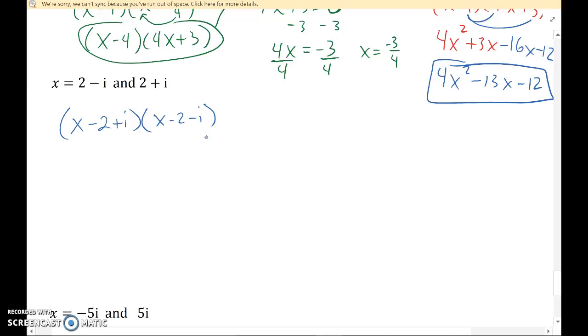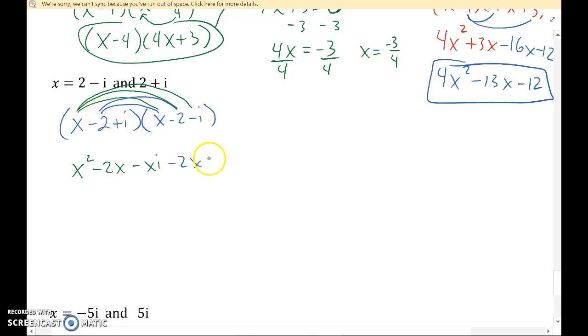Now, we have two trinomials here, and when you multiply two trinomials, you should get 9 terms. There's a lot of work that goes into this, and I can show this to you. x times x is x squared. x times negative 2 is negative 2x. x times negative i is negative xi. When we take negative 2 times x, we get negative 2x.